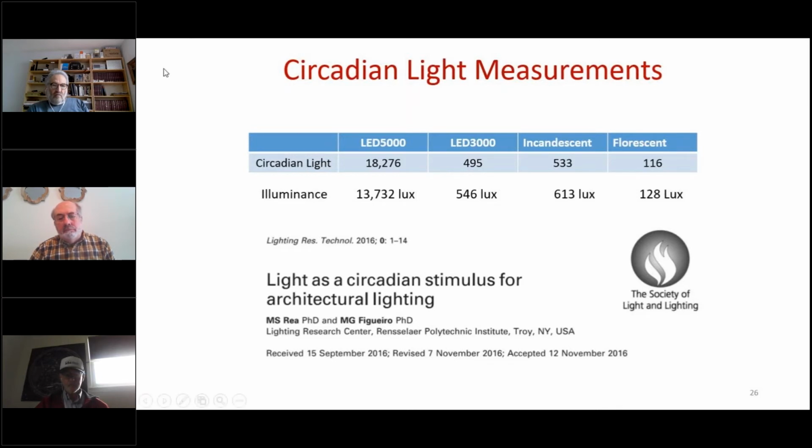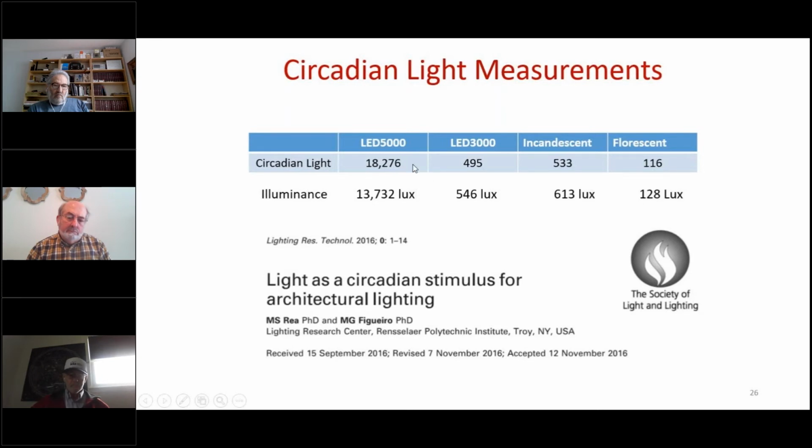And this circadian light, you can read more about it in this reference, and I'm not going into much detail on that. It is also a spectrally weighted function related to the spectral sensitivity of the eye and also the amount of light that there is. And it has a unitless value.